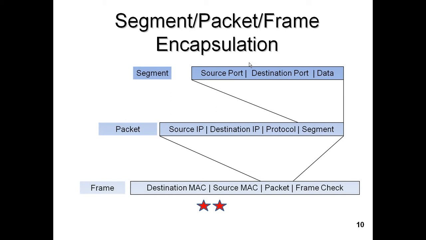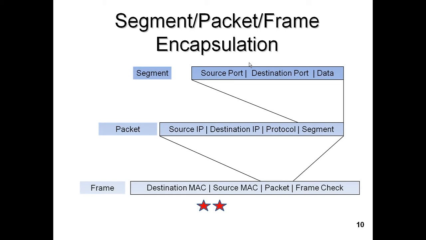And we have a source and destination IP address. We also get a thing called the protocol, and we're going to talk about those protocols later, the common protocols that are used. I consider them sub-protocols within the Ethernet structure. But we'll talk about those a little later, TCP and UDP.